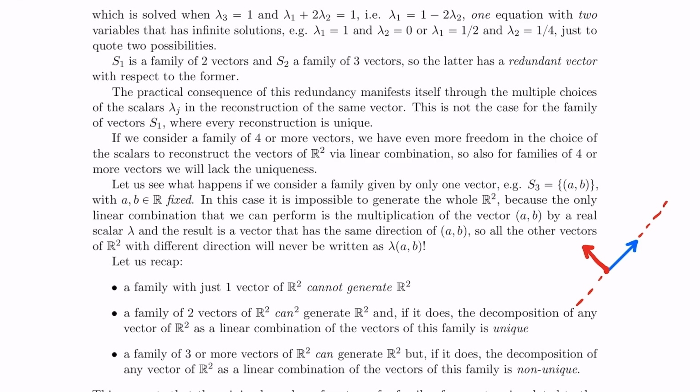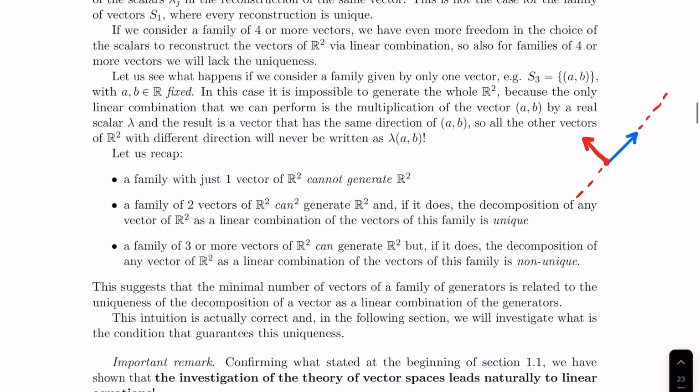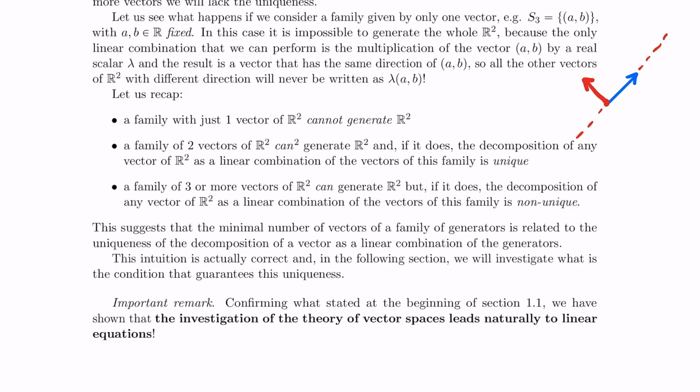Let's now recap the very interesting information that we have gathered by considering three different families of vectors in R2. First of all, a family with just one vector of R2 cannot generate the whole R2.